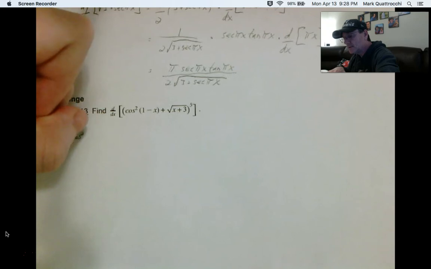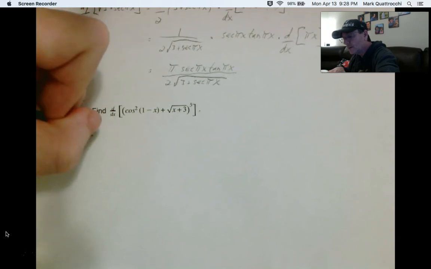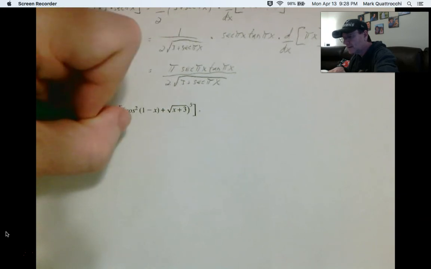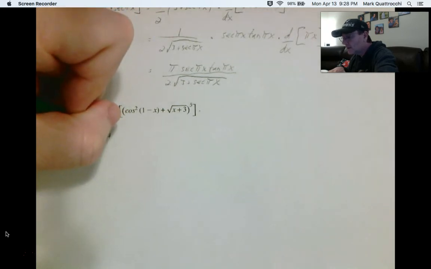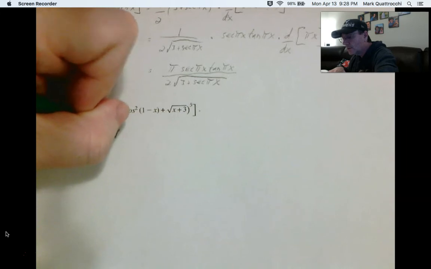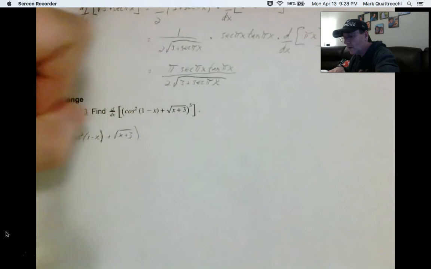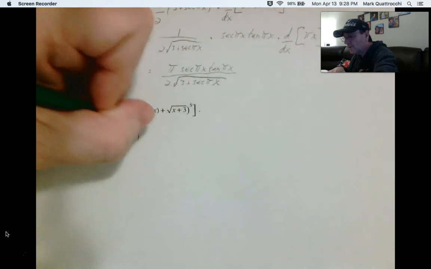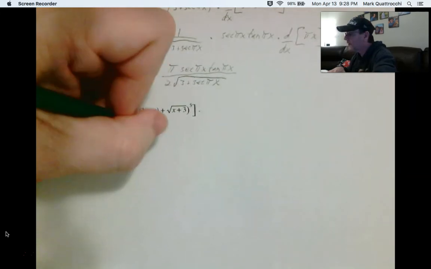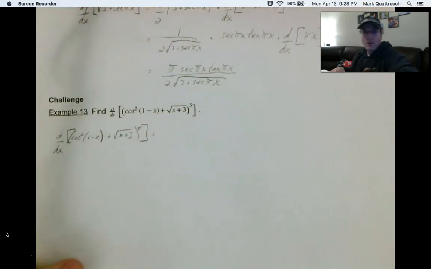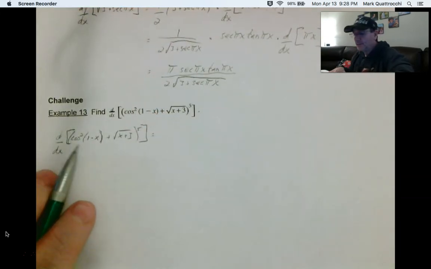cosine squared 1 minus x plus square root x plus 3, all to the 5th power. So what's the outermost function?